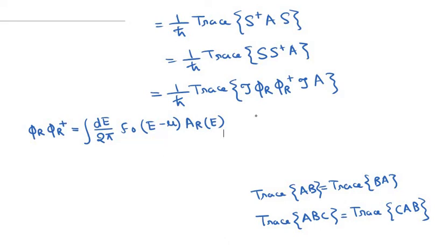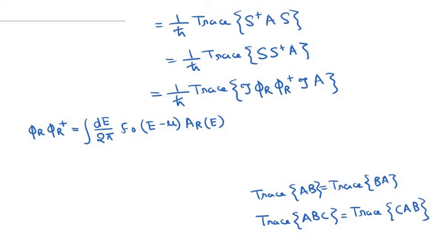Because this wave function phi r is the wave function for the isolated contact. When the contact is isolated, things depend on the equilibrium properties of the system. The contact is a macroscopic body, so things depend on its equilibrium properties. So this is the integral of dE by 2 pi, f0 of E minus mu, A r, and remember that this is the spectral function of the contact, which is a matrix.